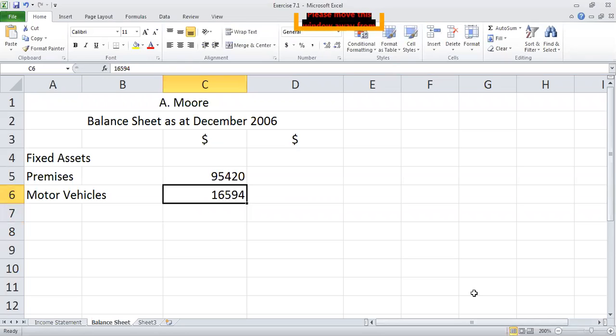All right, this is for motor vehicles. You add them together, and then you can either put the figure up here or down there. It depends on what you want to do.